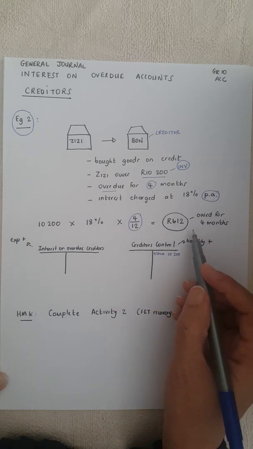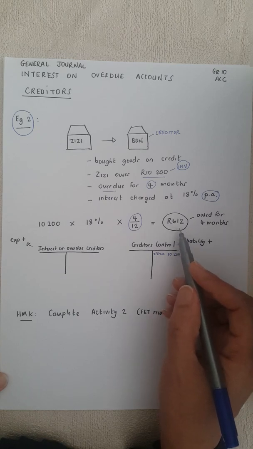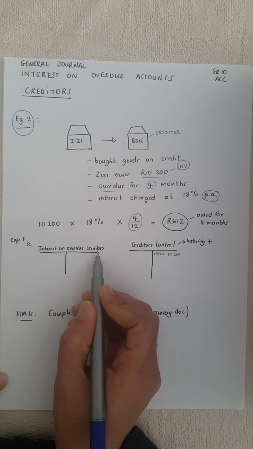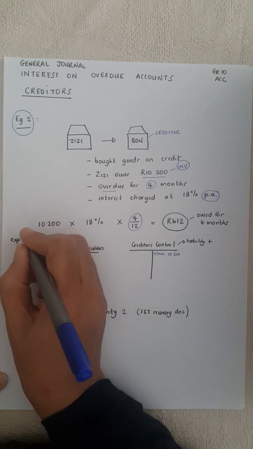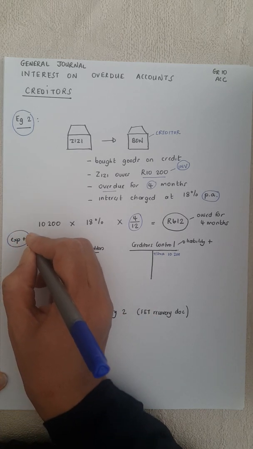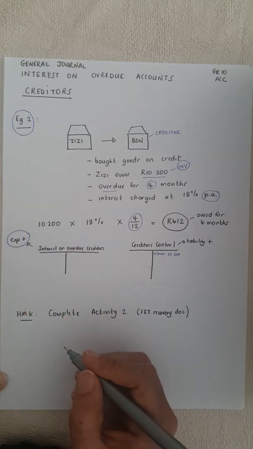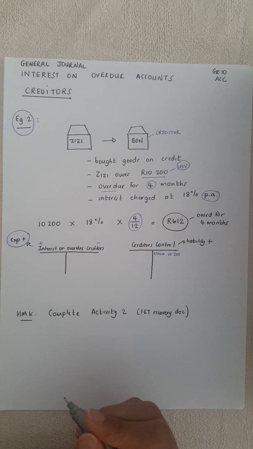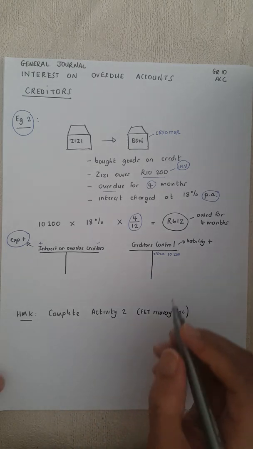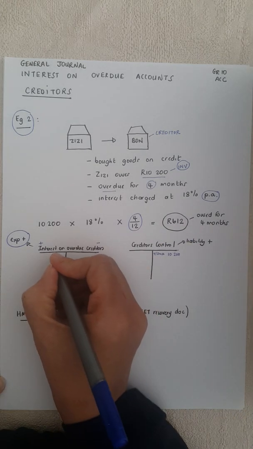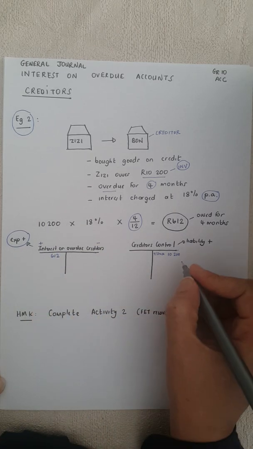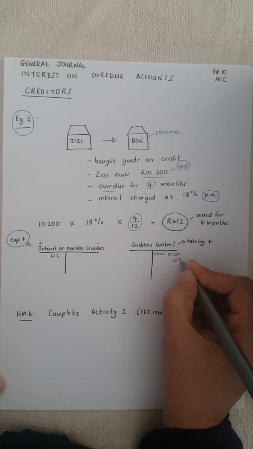Now they've charged us interest of 612 Rand. We call the account interest on overdue creditors, and this one is not an income like when we're charging the debtors interest. Now it's an expense. So expenses increase on the debit side and decrease on the credit side. So for that 612 Rand, I'm going to debit my interest on overdue creditors, and I'm going to credit my creditors control account.